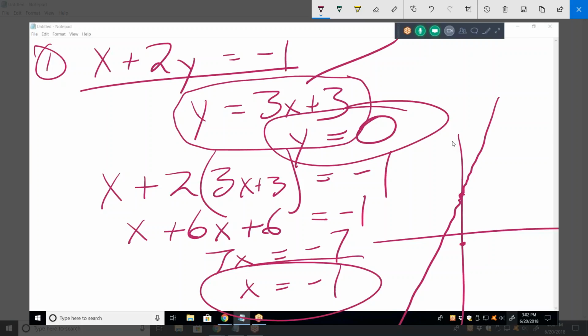Up 1, then to the right 2. It's going to be a slope of -1/2, I'm sorry. So this is the graph of equation 1. This is the graph of equation 2. And their intersection point should be at x equals -1, y equals 0. And it is.